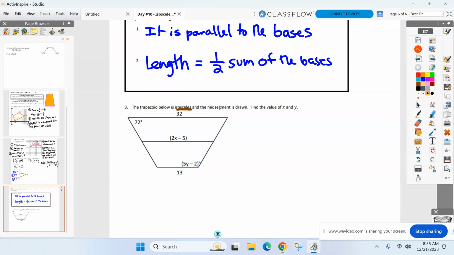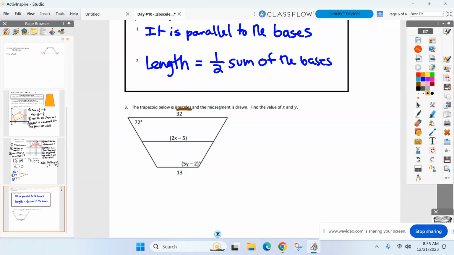All right, guys, we have to write something down here. Come on, we're not giving up. It's isosceles, so you should know some properties from yesterday.